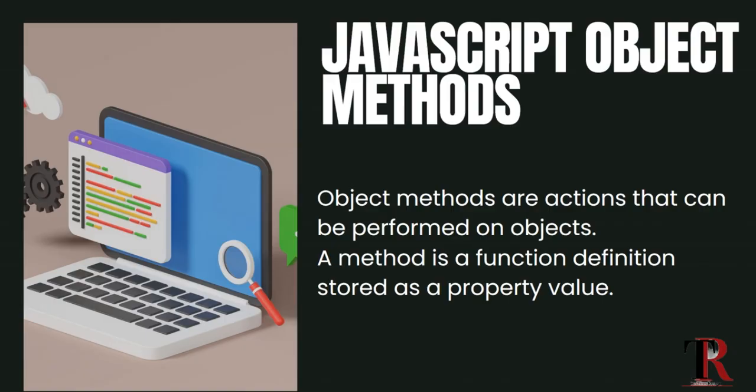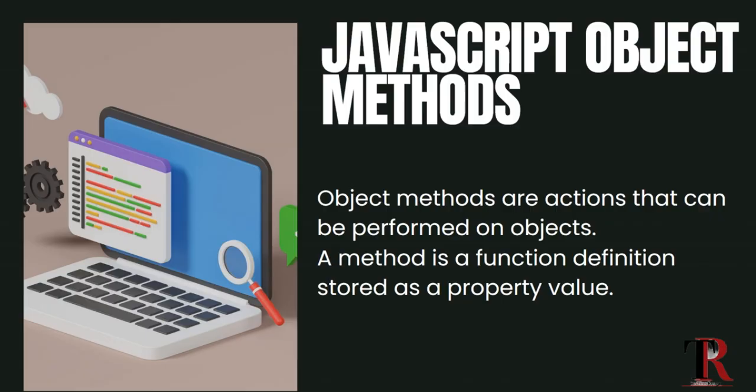A method is a function definition stored as a property value. If you pay close attention to this, you should understand what it means in an instant. A method is a function definition, which means it's something related to functions: you need to define a function, and it will then be stored as a property value.